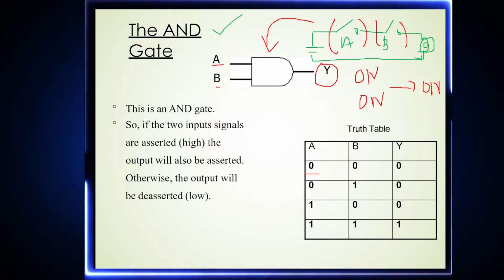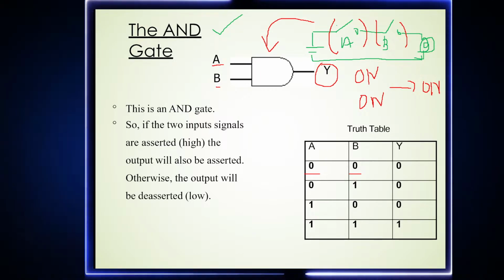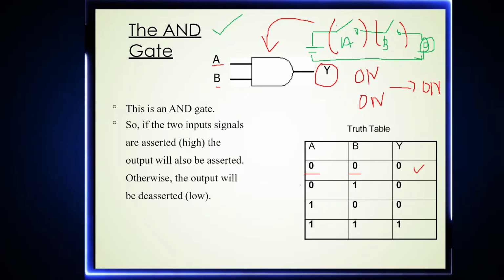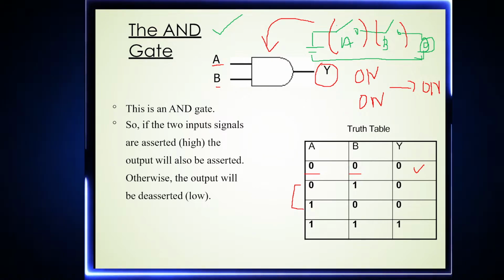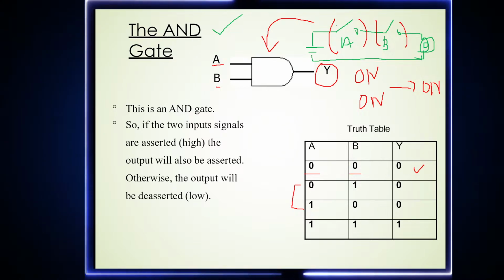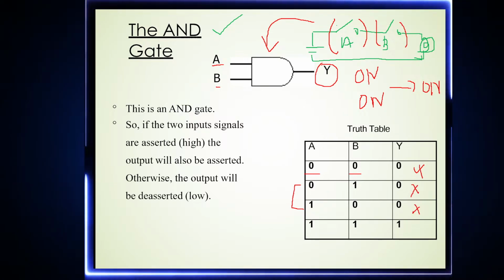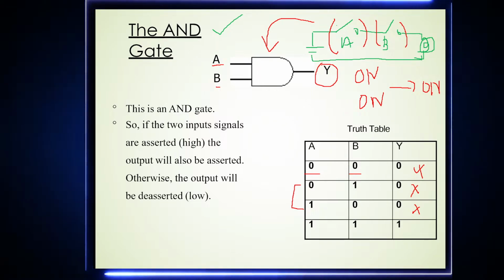If A is 0, B is 0, that means switch A and switch B are in the off condition, the output will be 0. Similarly, if any one switch is on and the other is off, so if A is 0, B is 1, or A is 1, B is 0, in both these conditions the output will be 0. So what is AND?